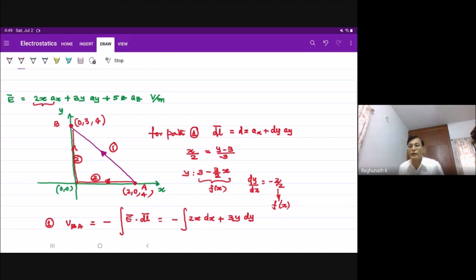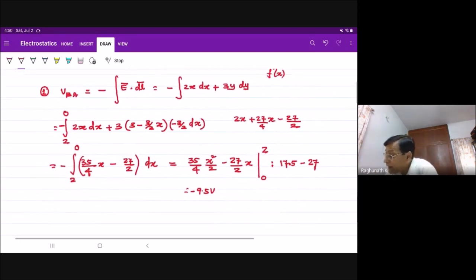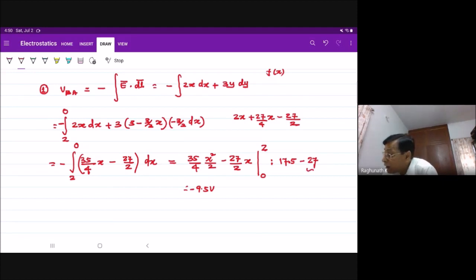The work done against the x component by us is less than the work done by the field along the y-axis. Because more work is done along the y-axis by the field, minus 27, and lesser work is done against the x component of the field, the overall potential difference is negative. Check it.